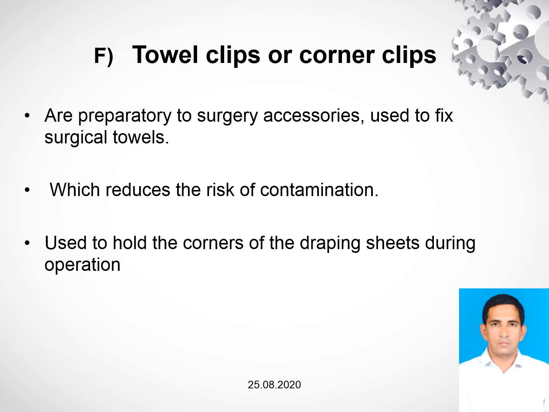Towel clips or corner clips are preparatory to surgery accessories used to fix surgical towels, which reduces the risk of contamination, used to hold the corners of the draping sheets during operation.